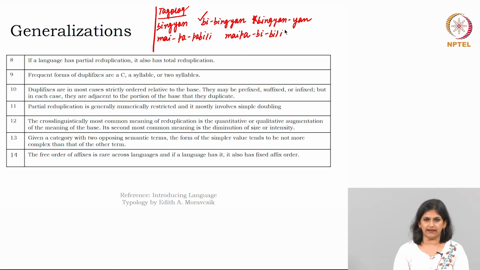Very unlikely you will find a reduplicated word which does not have any connection with the base. So, either it is quantitative repetition or qualitative repetition, or as it is written in generalization 12, quantitative augmentation or qualitative augmentation of the meaning of the base. So, the base is important for us in case of reduplication.